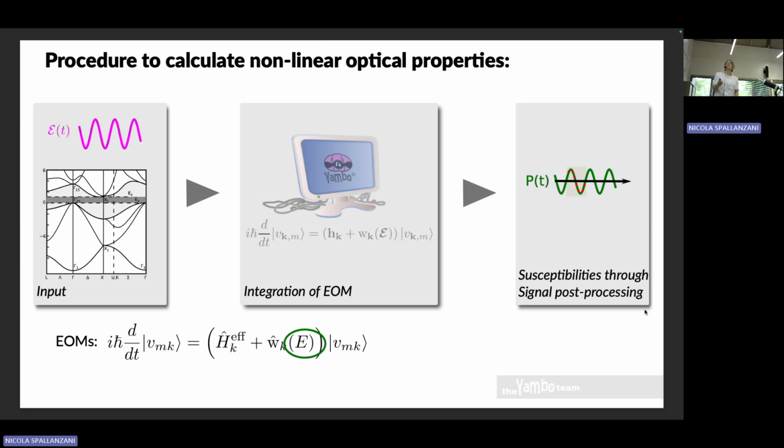So again, the procedure is: you start from the band structure of the system that you calculate with DFT, and then eventually you can also put in GW corrections. Then Yambo will integrate the equation of motion, you get your polarization, and then the susceptibilities you will get by Fourier-transforming the signal.